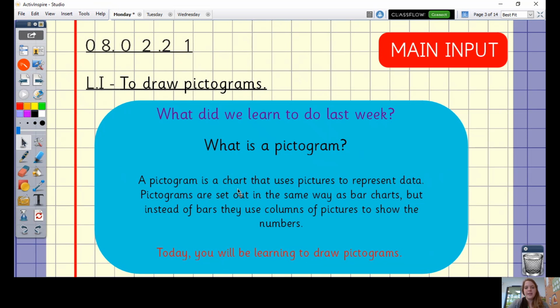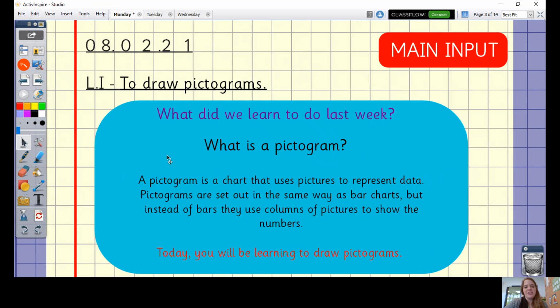So a pictogram is a chart that uses pictures to represent data. Pictograms are set out in the same way as bar charts, but instead of bars, we use columns of pictures to show the numbers.